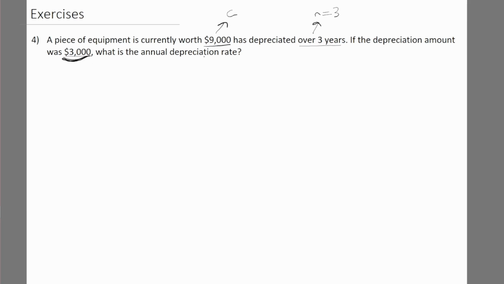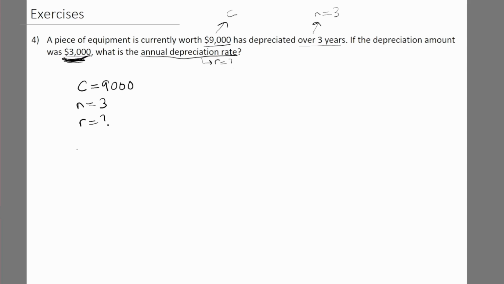So now we're being asked what is the annual depreciation rate. Again, we know the current is 9,000, and that n is equal to 3. And we want to know what r is, but we must not forget this information right here. We know that the amount of depreciation was 3,000.